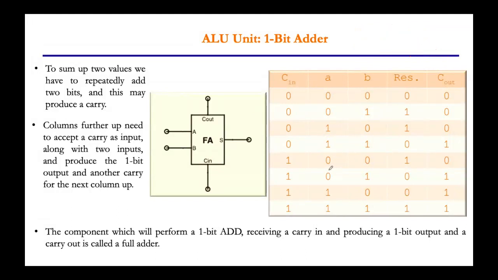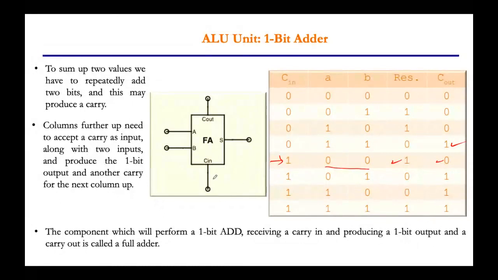When this is a carry out, then this carry out will be given as an input, carry in, for the next one. When it gives carry in to the next one, then it becomes 0, 0, 1 plus 0 plus 0. So that gives the result 1, carry out is 0.